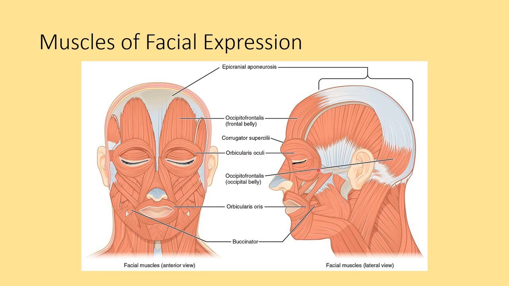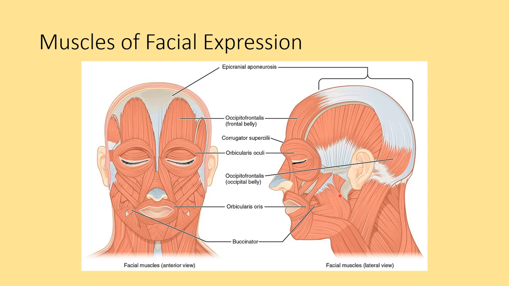So this is going to be responsible for, obviously, movements around the eye. Orbicularis oris, think mouth. So that's going to cause some of the mouth movements. Buccinator is along the cheek. That's going to help with smiling, etc.